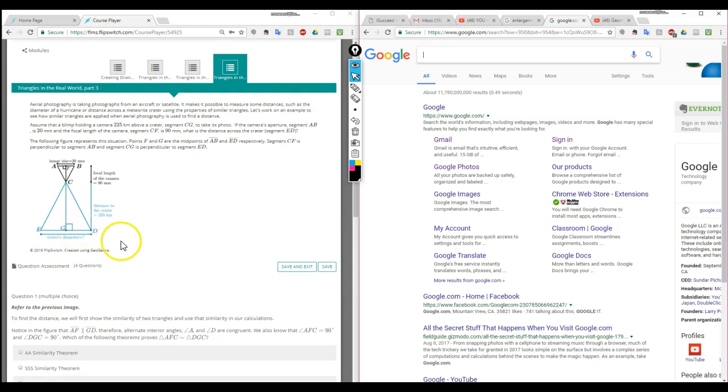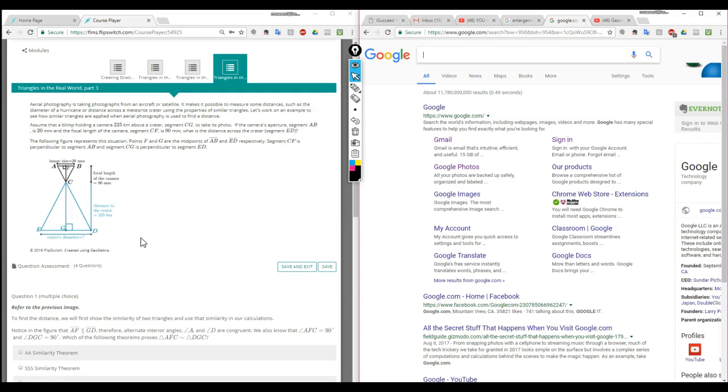The following figure represents the situation. Points F and G are the midpoints of segment AB and segment ED, respectively. Segment CF is perpendicular to segment AB and segment CG is perpendicular to segment ED.